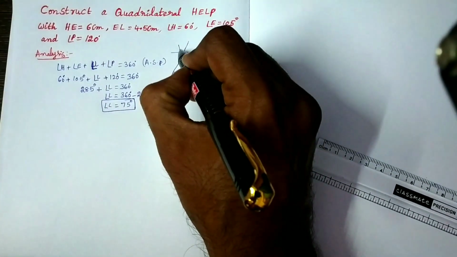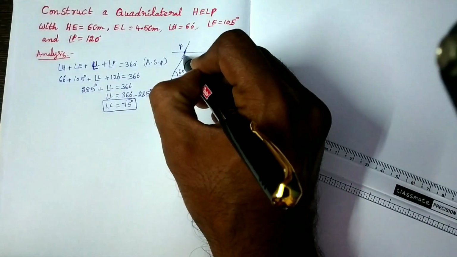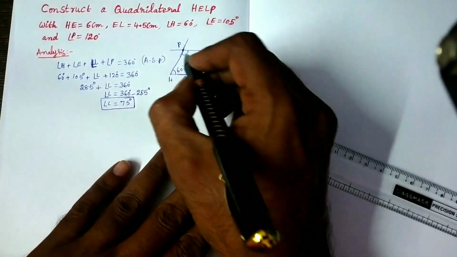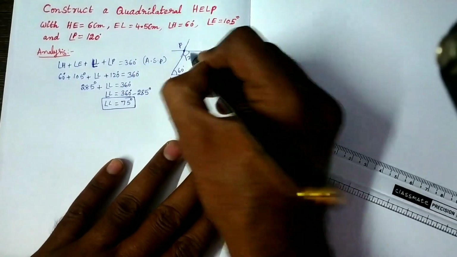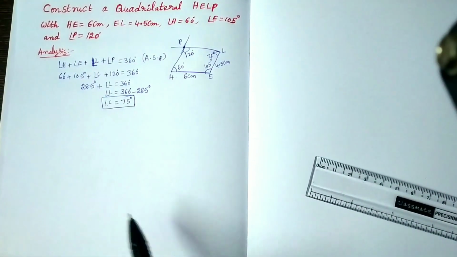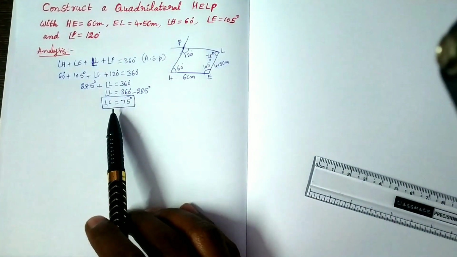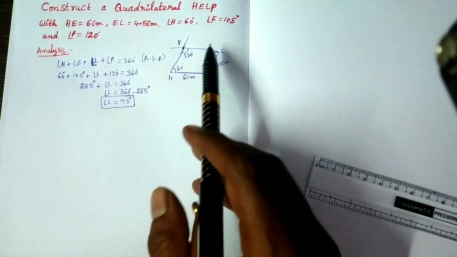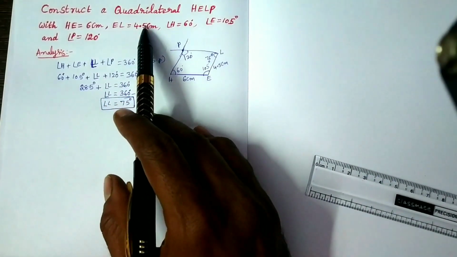So this vertex we can take as P, then surely it will be 120 degrees. So this is the way. So without knowing angle L, we cannot construct the given quadrilateral.